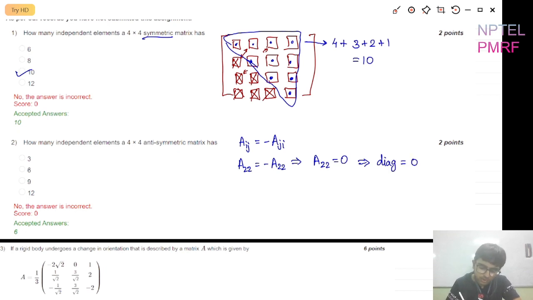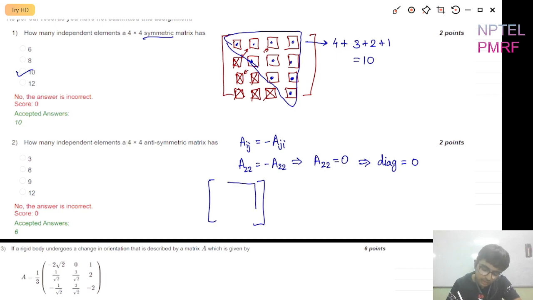Okay, so now instead of diagonal elements plus the upper triangle, only the upper triangle has independent elements. So you have 3 here, 2 here, and 1 here. All these diagonal elements are 0. And again, once these elements are fixed, these elements are also fixed.